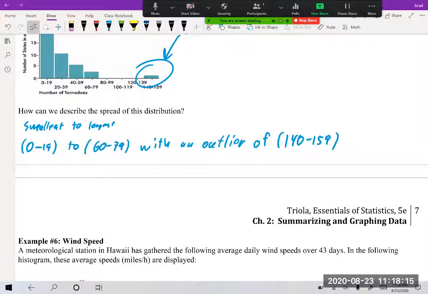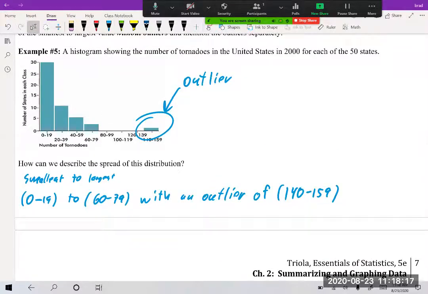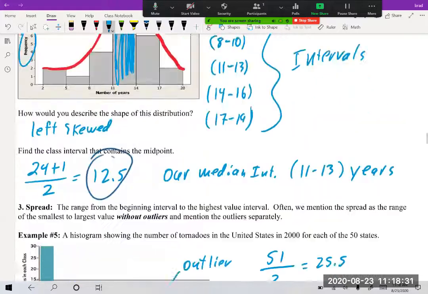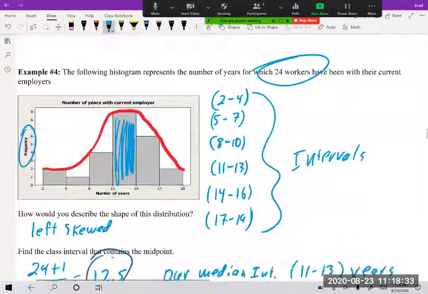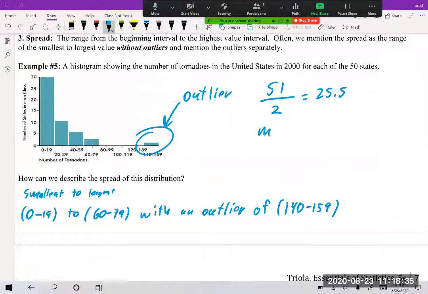And what would our midpoint be if we wanted? Well, we know there were 50 states, so we're going to take what category would have the midpoint. So 51 divided by 2 would be 25.5. So if we wanted to find, what do they call it up here? The interval midpoint, median interval. So we're going to find the median interval.